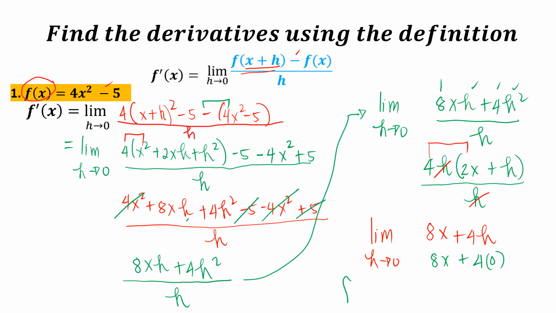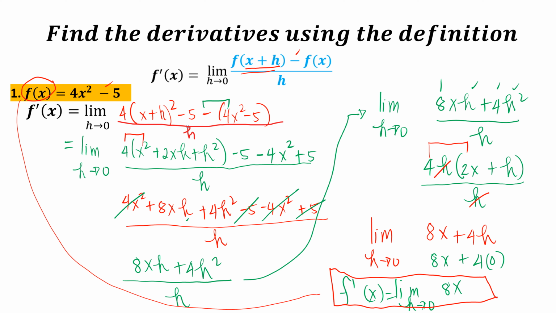And thus, our derivative will be 8x as h approaches 0. And what is this? This is already our new function, or in other words, this is the derivative of the old function f of x equals 4x squared minus 5.